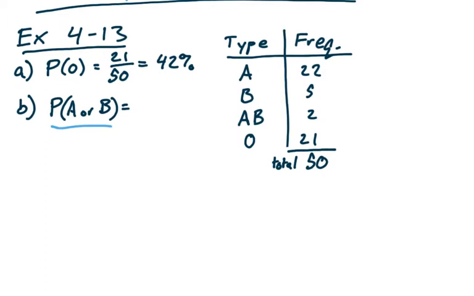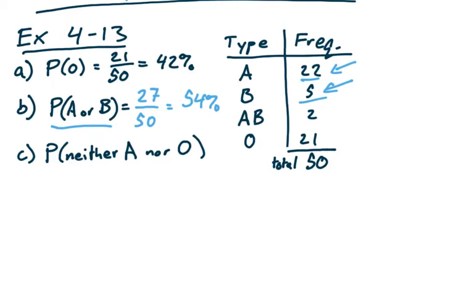So if I need to get type A blood or type B blood, I could say, well, this person has type A or this person has type B. So therefore, there are a total of 27 ways that I would satisfy this event. So I've got 22 people that I could select, or these other 5. If I select any of those 27 people out of 50, that would be satisfying that condition. So 27 over 50 as a fraction, 0.54 as a decimal, or 54%.